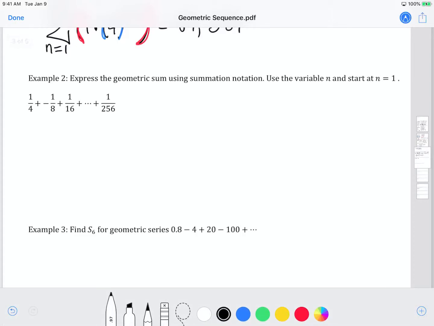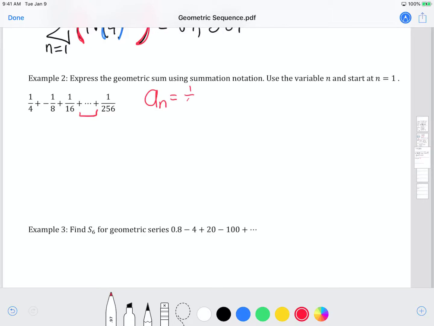For example 2, we're going to do the same thing. We're going to find the sum, and we're going to do it using the summation notation and the formula. However, this is a little bit different than example 1 because notice we have missing terms. So we don't know if 1 over 256 is the 10th term, the 12th term, the 5th term. We don't know. So first we have to figure out what term that is. So let's find the nth term.